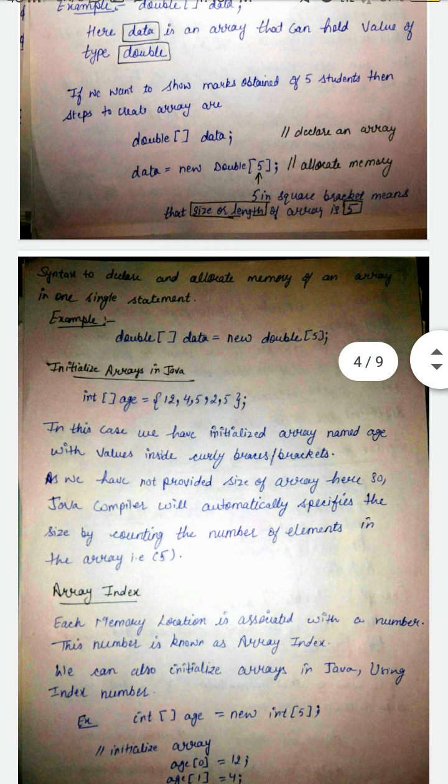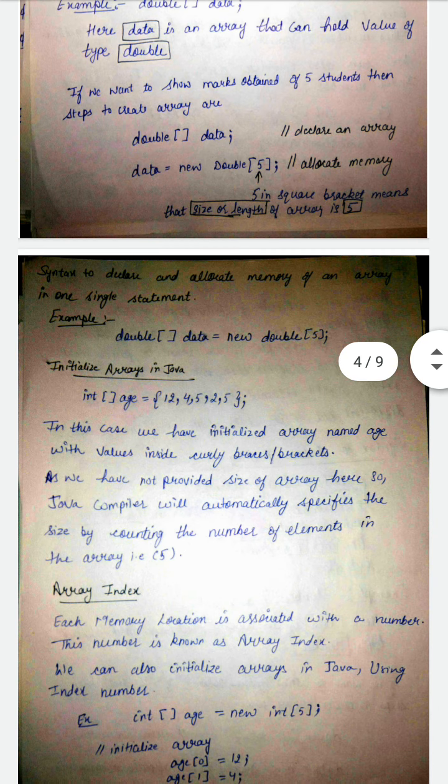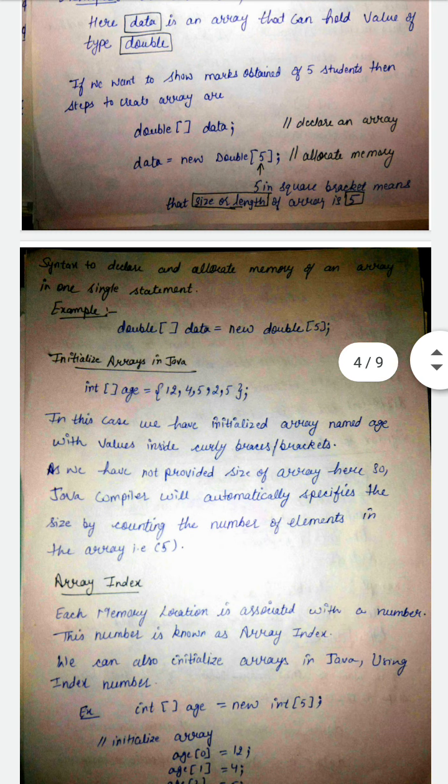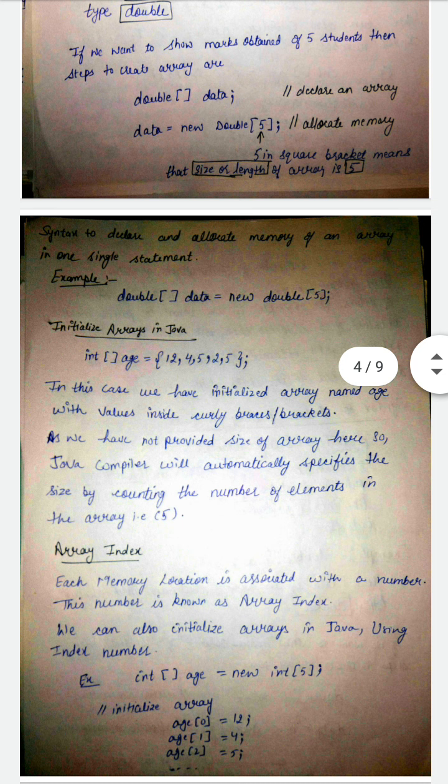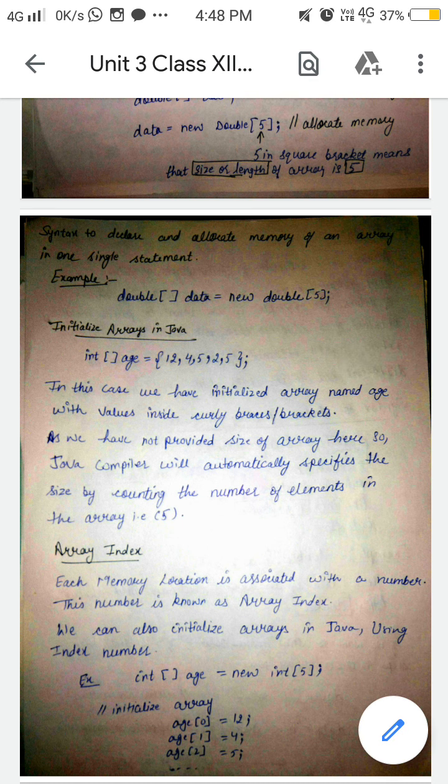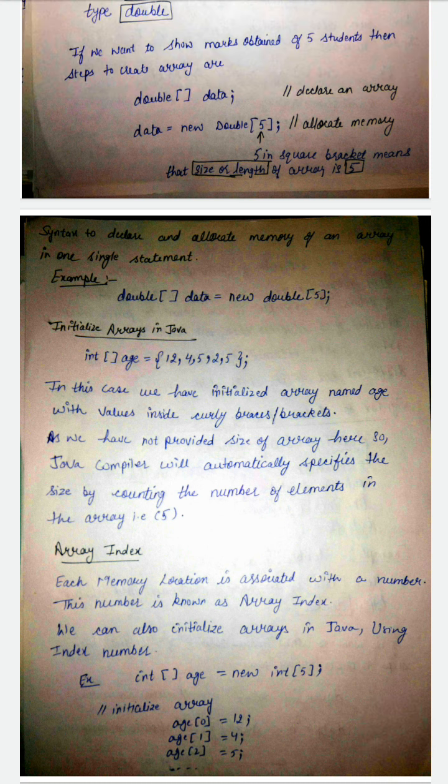For that the syntax is, you write double, that is the data type, open and close square brackets, name of the array is equal to new. New means that you are allocating memory, and then write the data type, and inside open and closing brackets you write the length or size of the array, that is how many values you want to store inside your array.